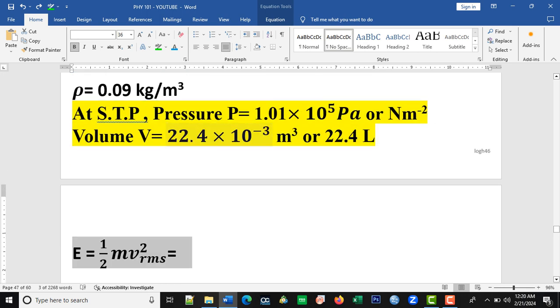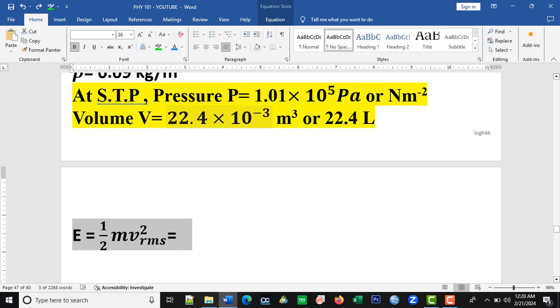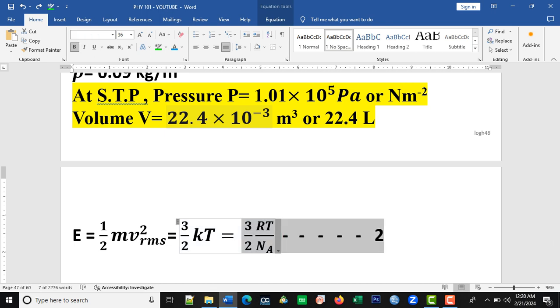And these are expressions to help find the kinetic energy. I have half mv squared, 3/2 kT, 3/2 RT over NA. I hope you still remember the meaning of the quantities.